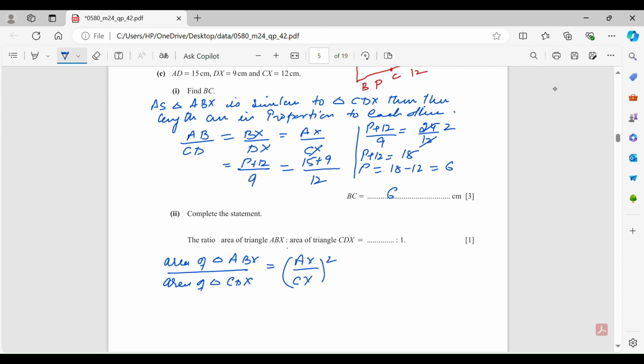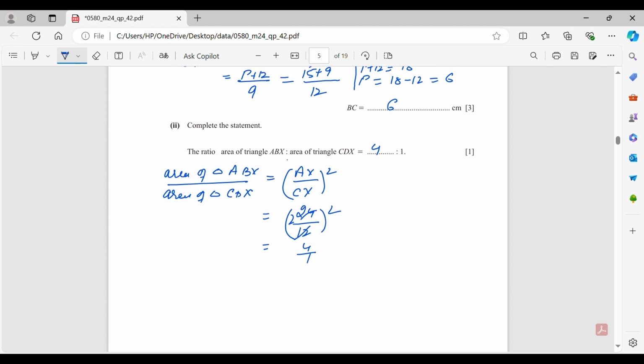Now this will be equal to 24 by 12 squared. You can cut this. This is equal to 4 by 1, which is 4:1. So our answer is 4.